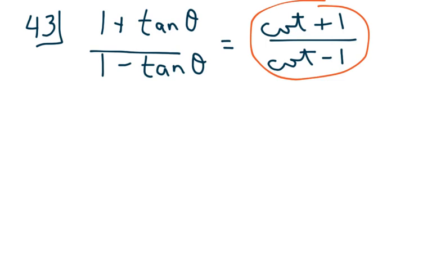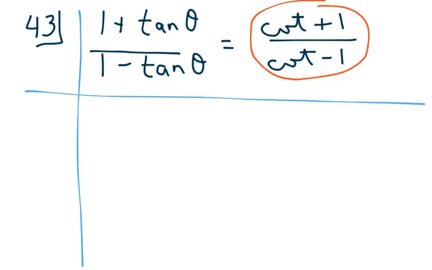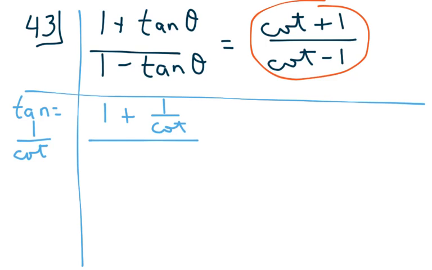Tan, we know, equals 1 over cotan, based on your identities, and that's what I'm going to do. I have 1 plus 1 over cotan over 1 minus 1 over cotan.